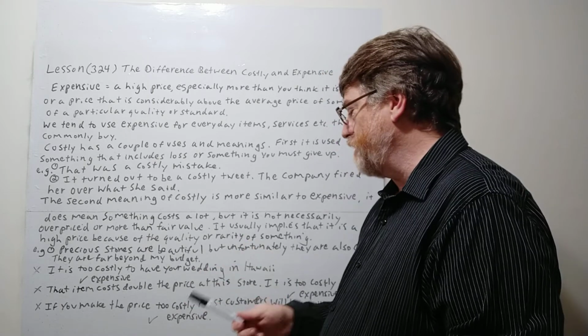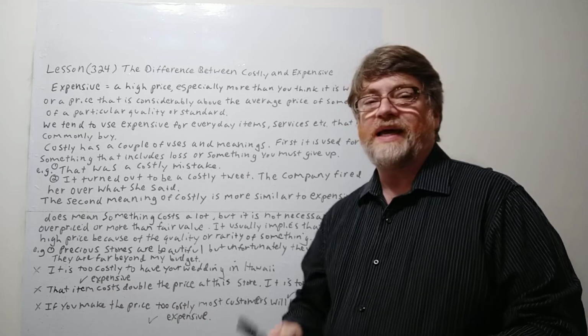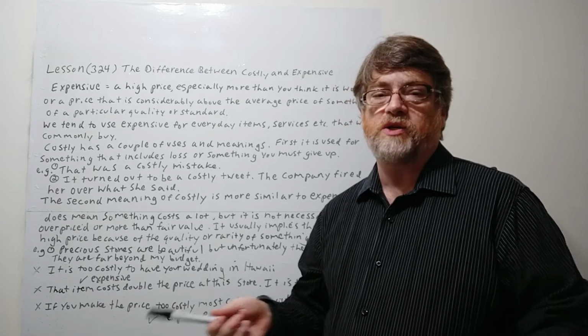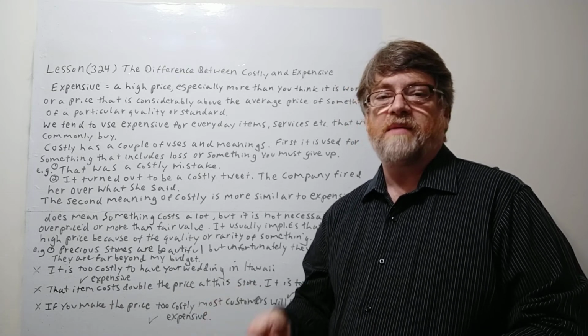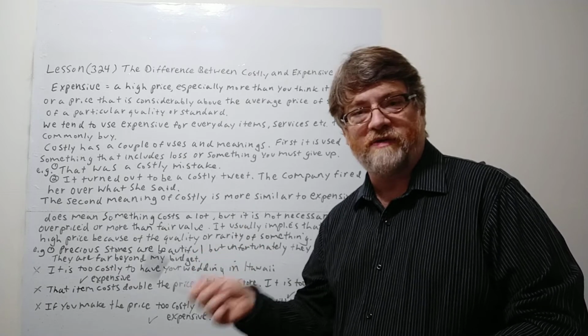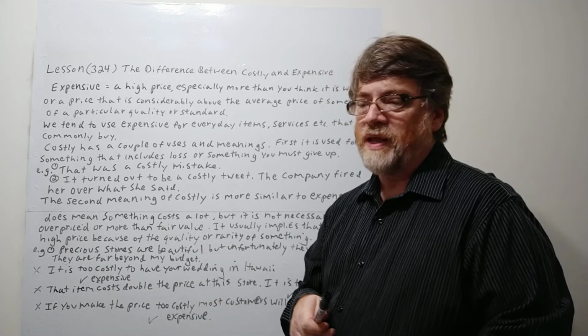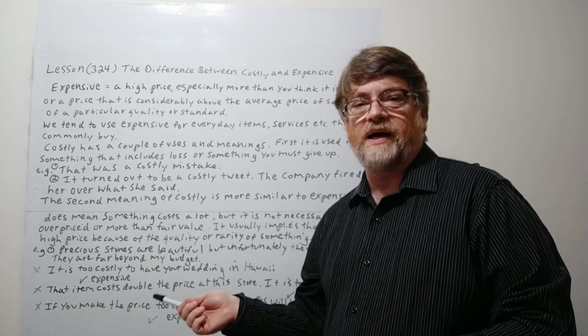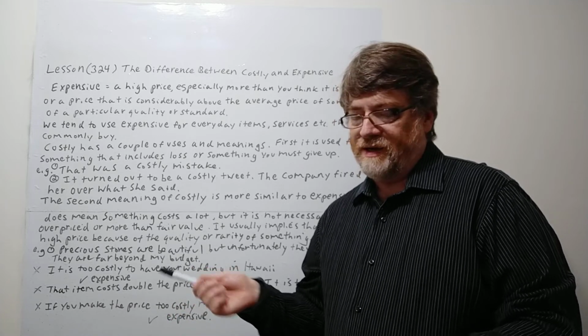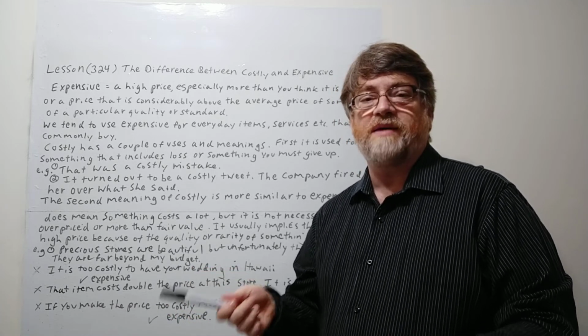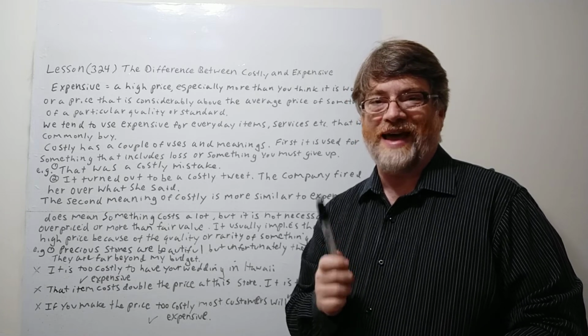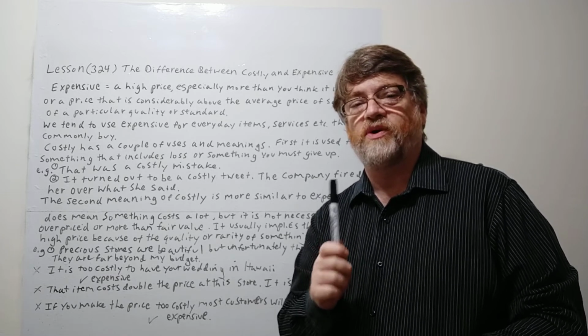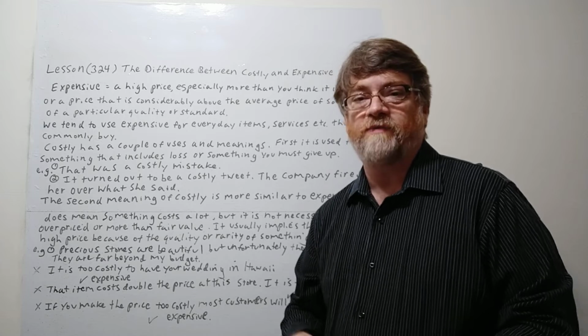So you should probably use expensive here and not costly. You're just probably talking about a common item. Maybe other people could get similar types of items, maybe not the same exact one, but when you're looking at the quality and the workmanship of this item, it probably doesn't deserve that high a price. So therefore, you should say it's too expensive.